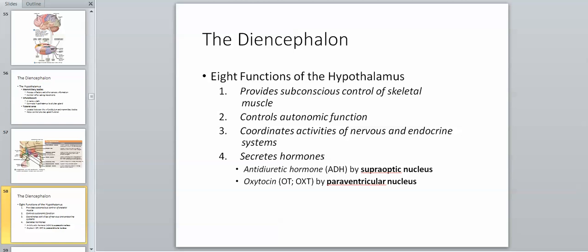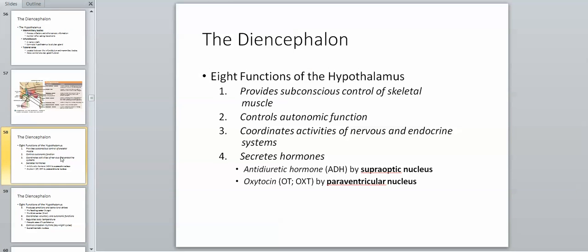We secrete certain hormones. We've already talked about antidiuretic hormone that's secreted by the supraoptic nucleus. That is going to regulate water loss at the kidneys in the distal convoluted tubules and the collecting duct, which we'll learn about a lot more in later chapters, not even in this section. And then oxytocin, which is secreted by the paraventricular nucleus.